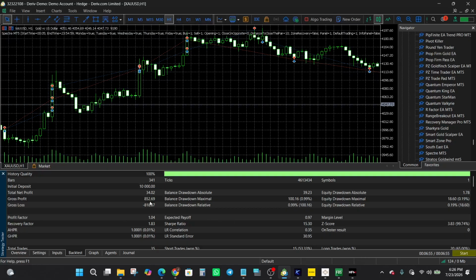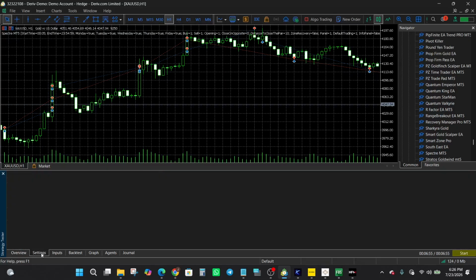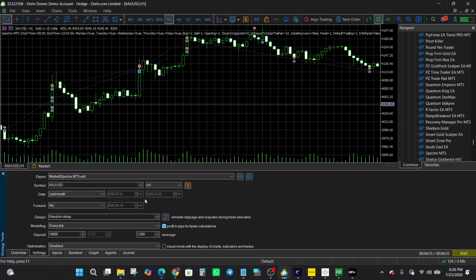We can see the total net profit was just $34.02 from a $10,000 deposit. That isn't necessarily a weakness. After all, the test was conducted over about 3 weeks. The test was done on XAUUSD on the H1 time frame, from the 1st of July to the 22nd of July 2026.